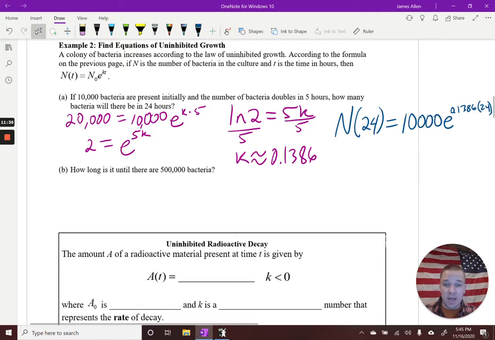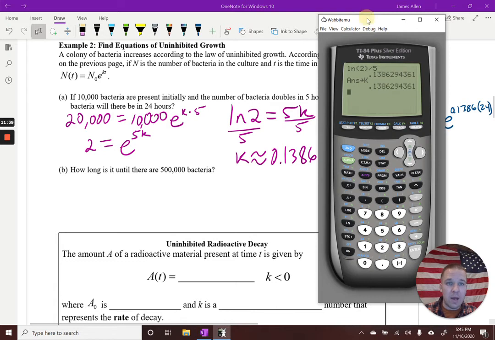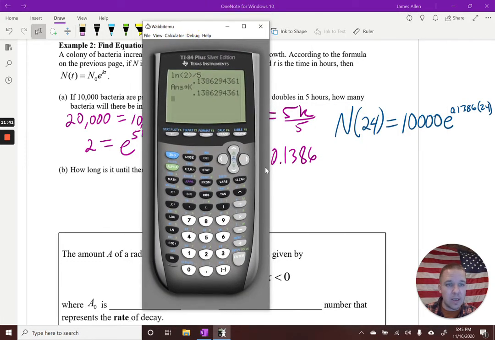So let's plug that into our calculator. Let me bring that back up, and type some things in. So I got 10,000, and then E raised to the, I can just go ahead and hit alpha, K, and then 24.